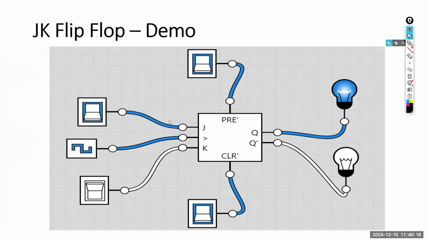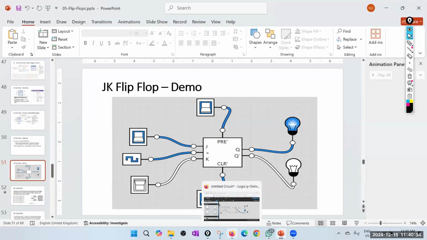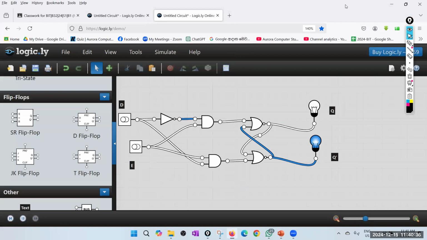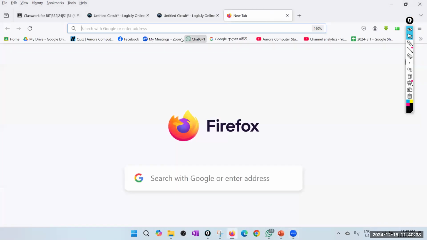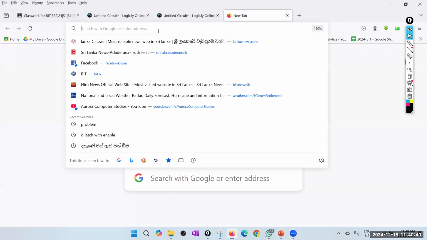So you can do a demonstration by, rather than a JK flip-flop, you make your own one. You can even make this kind of a thing. For example, let's say we can edit, because the ready-made JK flip-flops you can use.